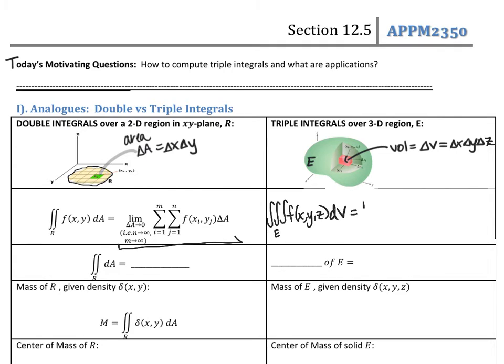And this is now going to be the limit as delta V goes to 0, which would mean n going to infinity, m going to infinity, and p going to infinity, because now we're going to have 3 sums. I'm just going to put it as i, j, k, and you can just imagine they have upper limits that are all going to infinity, of f of x_i, y_j, z_k, delta V.